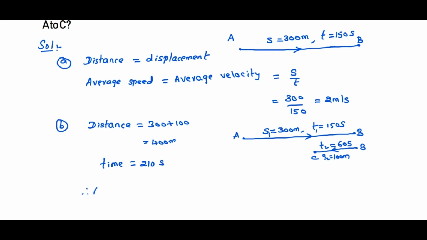Now, average speed is equal to total distance traveled by total time taken.